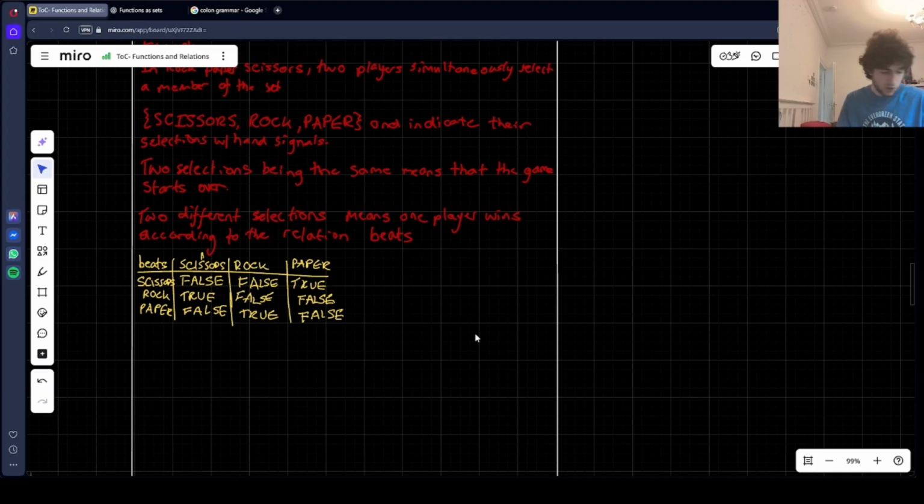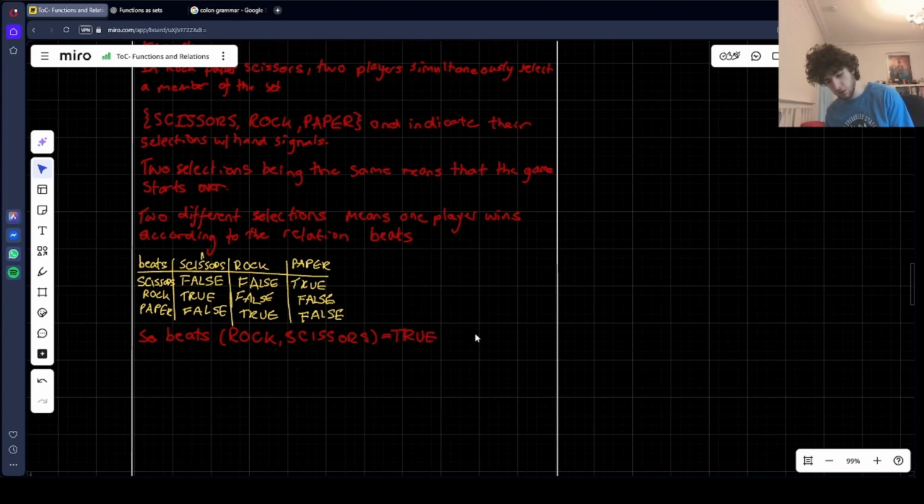So beats, this relation evaluated on the ordered pair rock, scissors, is obviously going to be equal to true, and we determine that rock beats scissors. Similarly, you can see that paper beats rock and scissors beats paper.